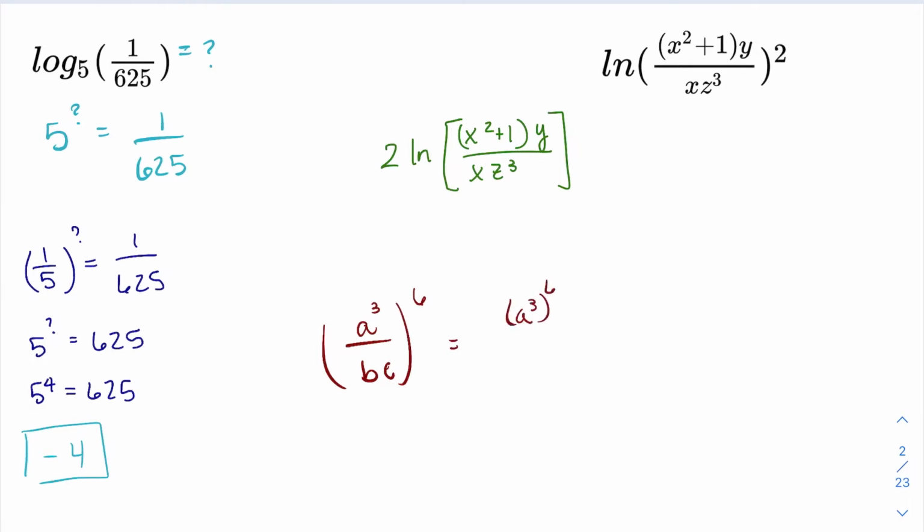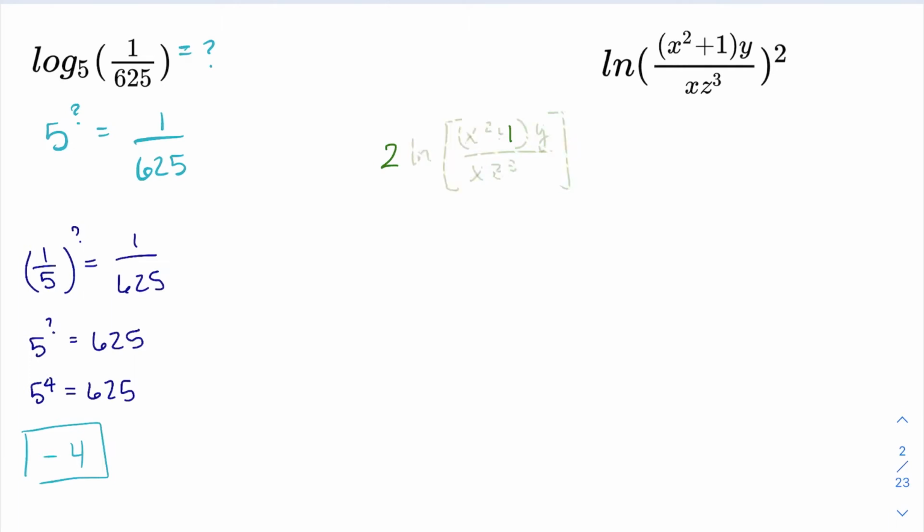So this becomes a cubed to the 6th over b to the 6th, c to the 6th. And then we also know when I have exponents stacked like this, I can multiply them. So that becomes a to the 18 over b to the 6th, c to the 6th. I like simplifying my exponents at the beginning of the problem so that I only have to do the power rule once, and I can do it at the end of the problem.